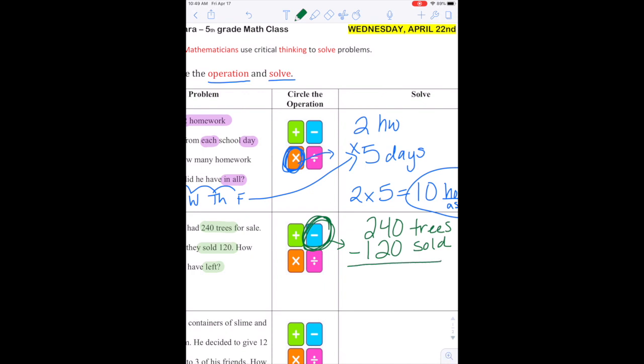Let's go ahead, 0 minus 0. 40 minus 20. 200 minus 100. So that means they have 120 trees left. That is our final answer for the second problem.